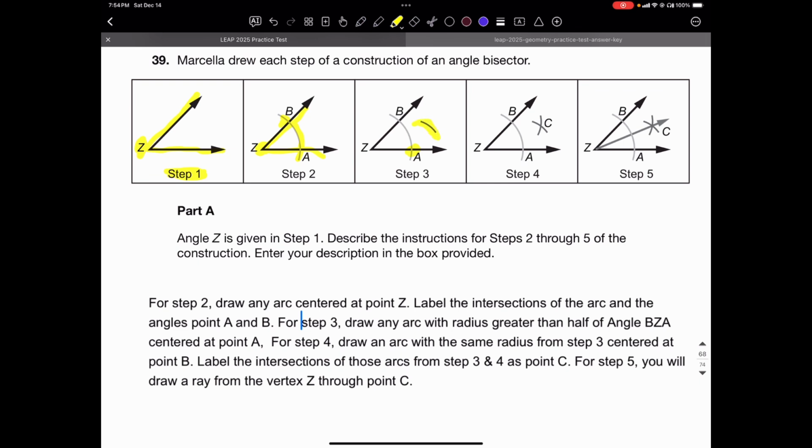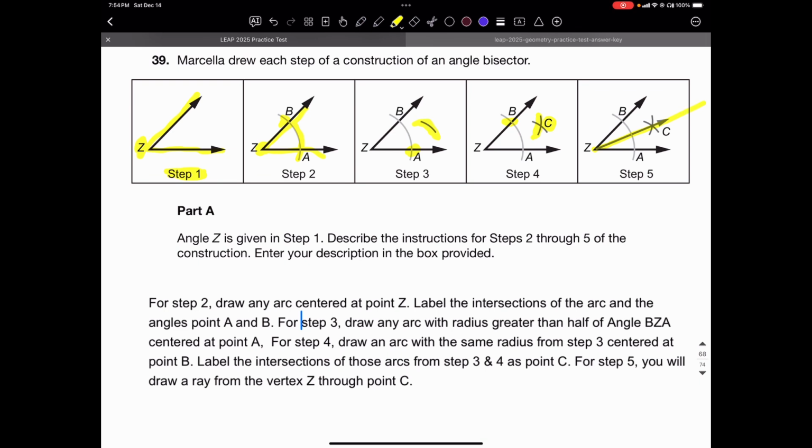Then you go to point B, you do the same thing here, and where those intersect, you call it point C. Then from your vertex Z, you're going to draw a ray going through point C, right?